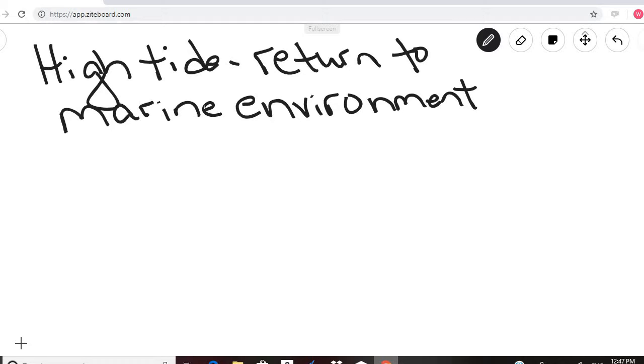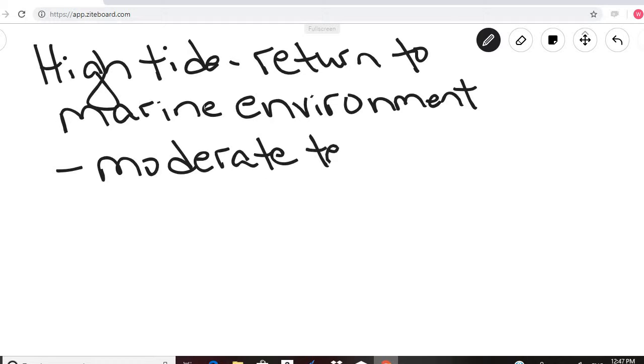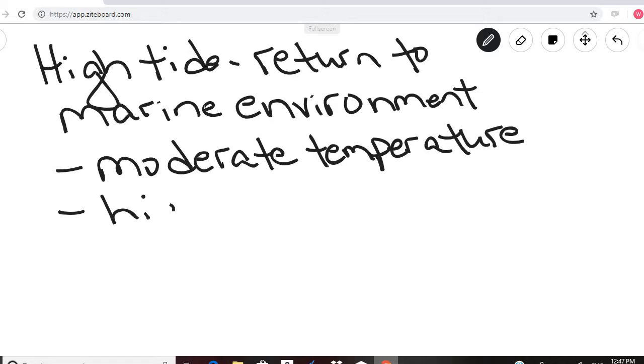So here it's going to be a more moderate temperature. You're not going to get those swings in temperature that you would during low tide. The salinity is going to be higher because they're going to be just covered in the salt water.